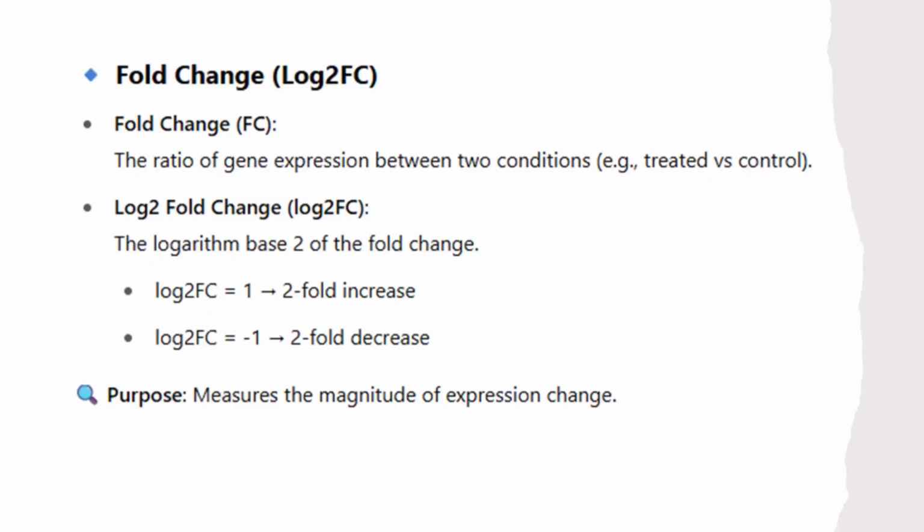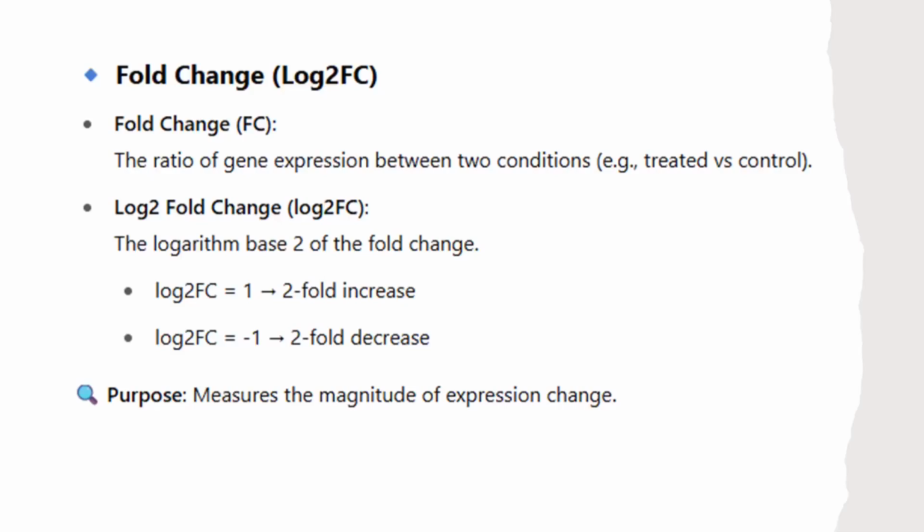For example, a log2 fold change of 1 means there is a twofold increase in the expression. If the log2 fold change is equal to -1, it means a twofold decrease in the expression. Using log2 scale helps maintain a symmetry around 0 and simplifies the interpretation of up and down regulated genes.